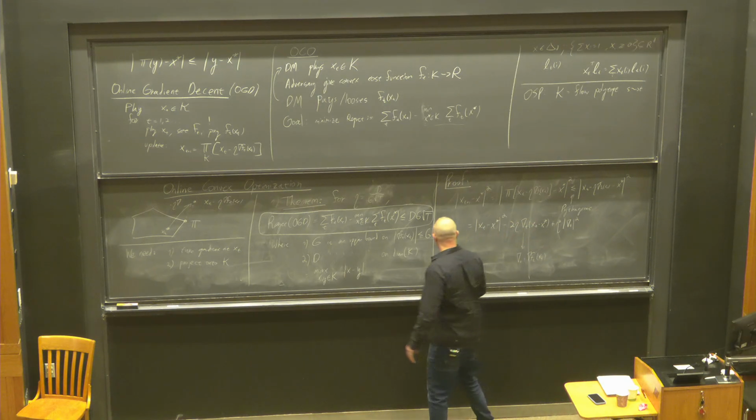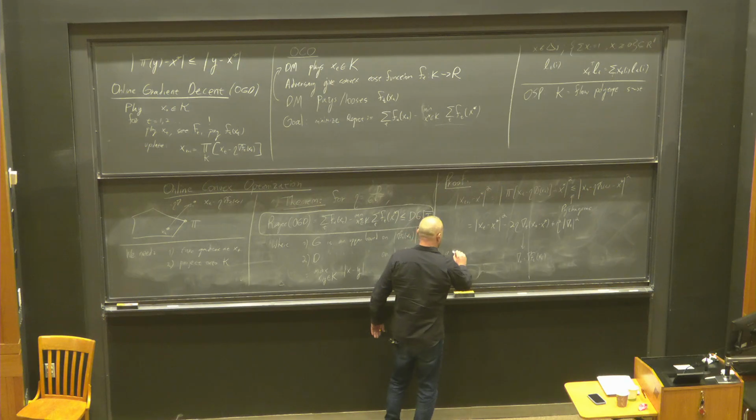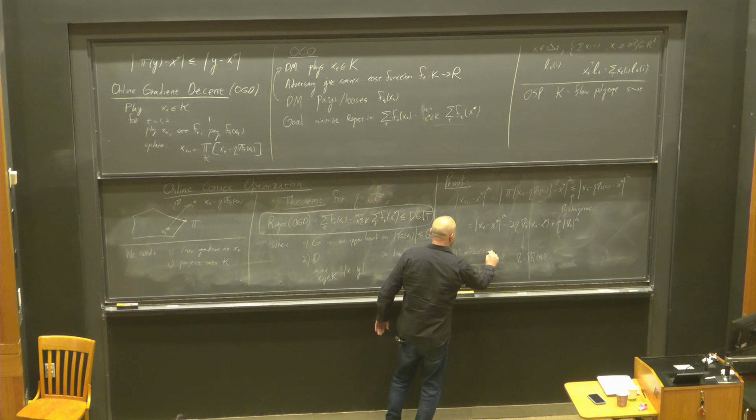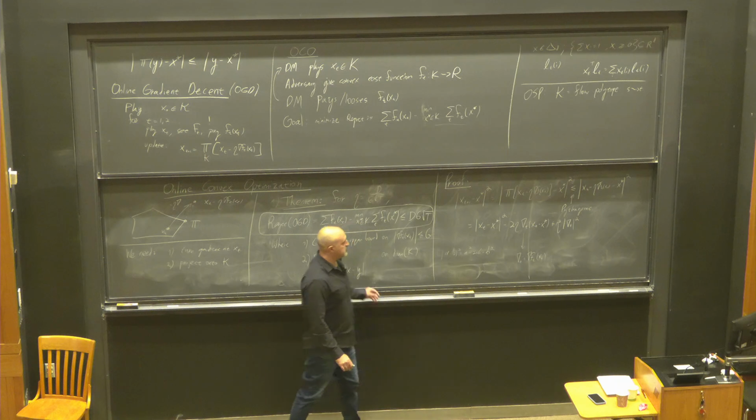And this is true because (a minus b) squared is a squared minus 2ab plus b squared.